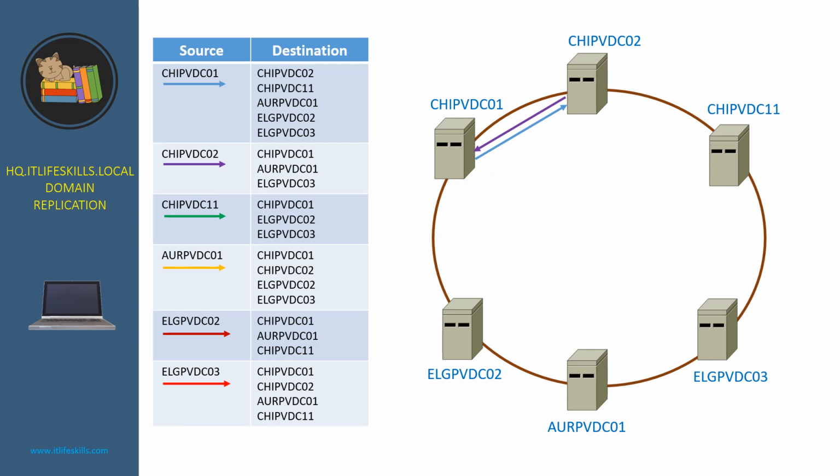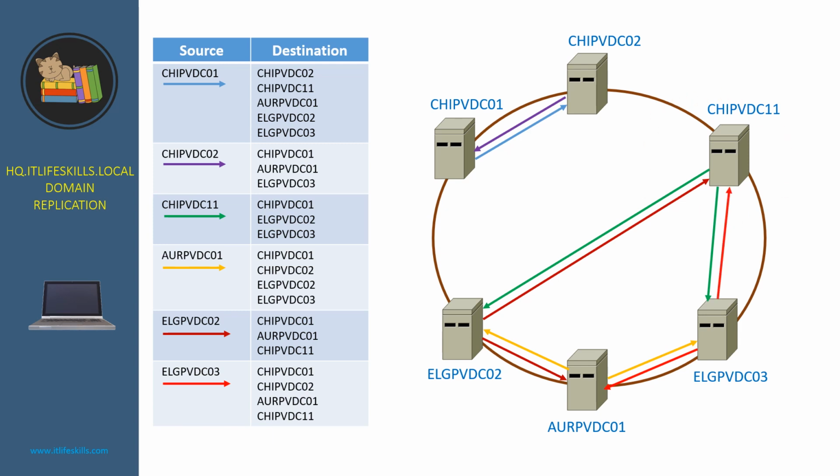From the table, we can draw the replication connections from GPVDC11 to HPVDC02 and HPVDC03, and from OPVDC01 to HPVDC02 and to HPVDC03, and from HPVDC02 to OPVDC01 and GPVDC11, and from HPVDC03 to OPVDC01 and to GPVDC11.